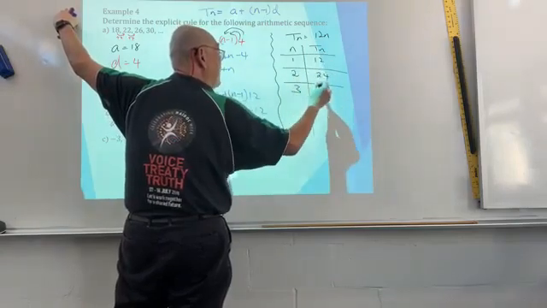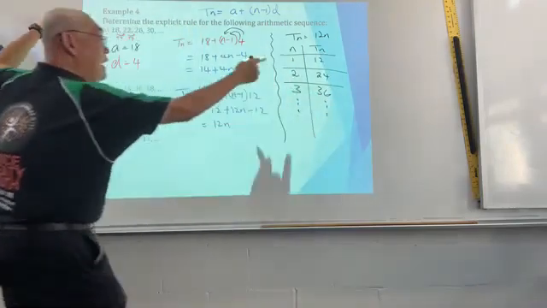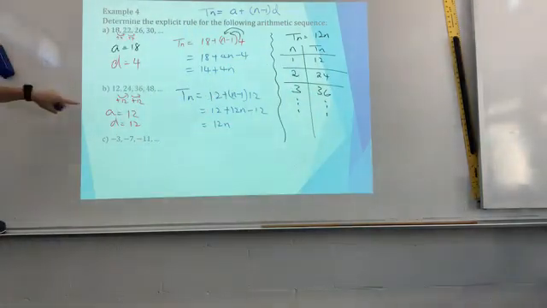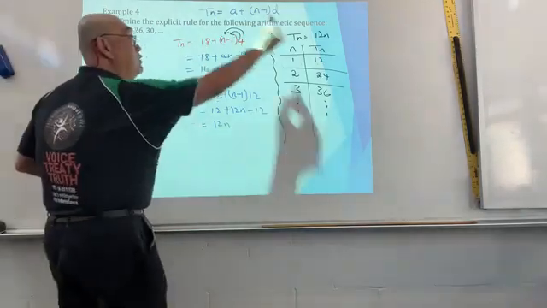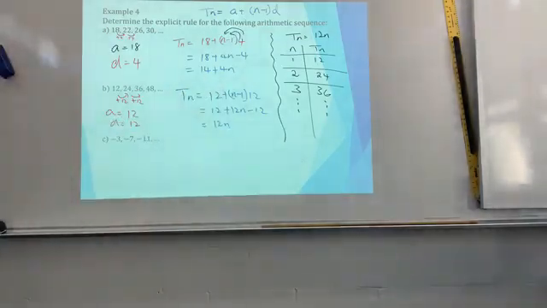If n is 3, Tn is 36, and so on and so forth. That is actually the same as that, correct? So you can see that when you're given a general rule, all you need to do is substitute the n in. Then you can get your sequence.